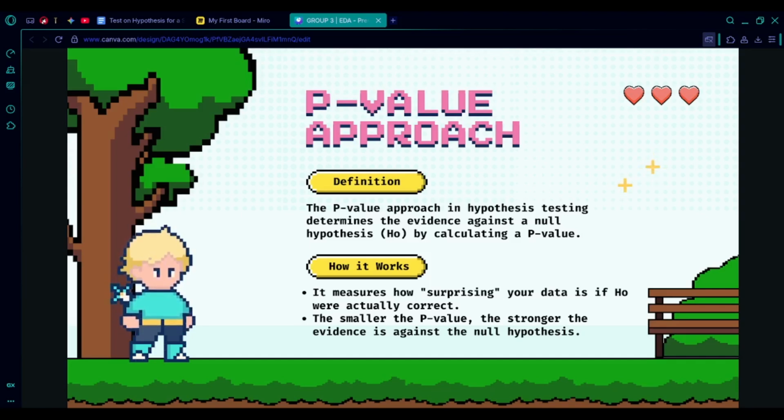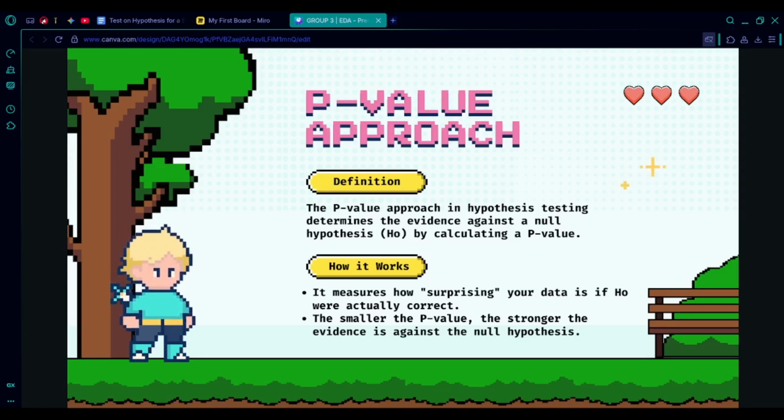In this p-value approach, we will be using a p-value, of course. By proving the evidence against the null hypothesis, we must first calculate the p-value. But before we come up to the actual p-value, there are other steps or other formulas that we have to consider to get to the p-value.